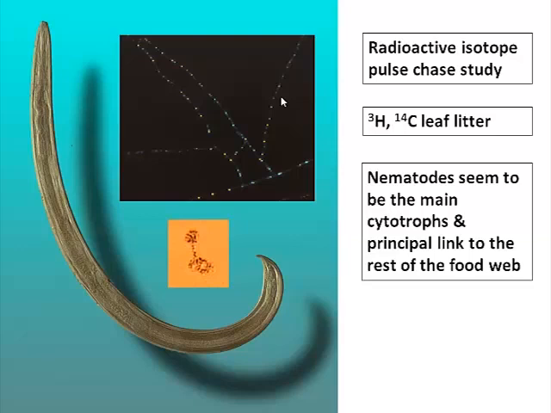And we managed to show that here in the middle I have an amoeba that has silver grains in it, and we can get bacterivorous nematodes to feed on these guys, and some of the species tend to preferentially feed on the protists because they do better on those than if they're given only bacteria. And I think in reality they're feeding on the bacteria and protists together. It's hard to not suck them all up at the same time.